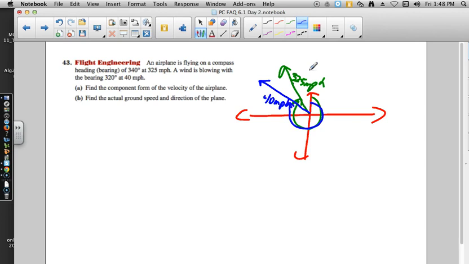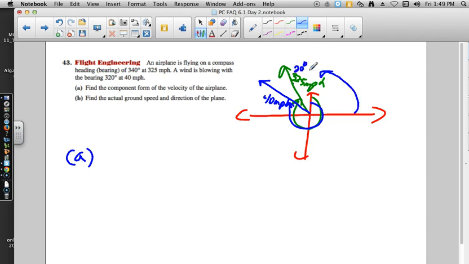And part A says find the component form of the velocity of just the airplane. So just the airplane there. And again, what we need to do is think, well, what should we use for this? We shouldn't be using that bearing as our angle. So if that was 340, that left us 20 degrees shy of all the way around.